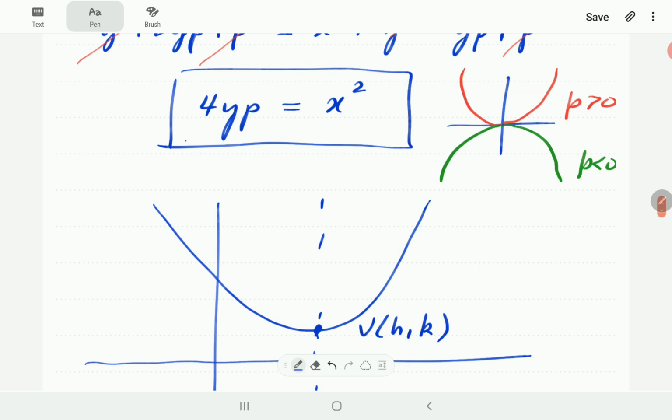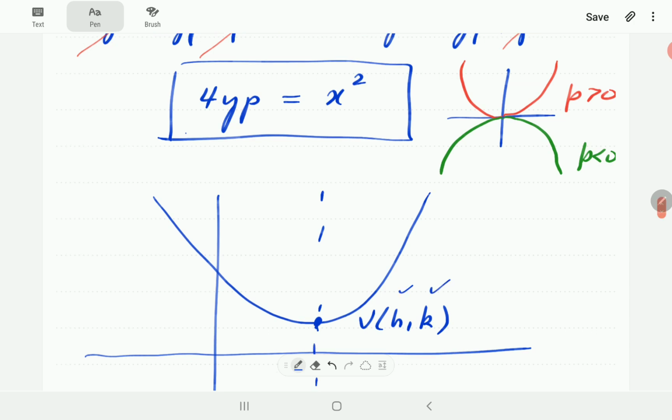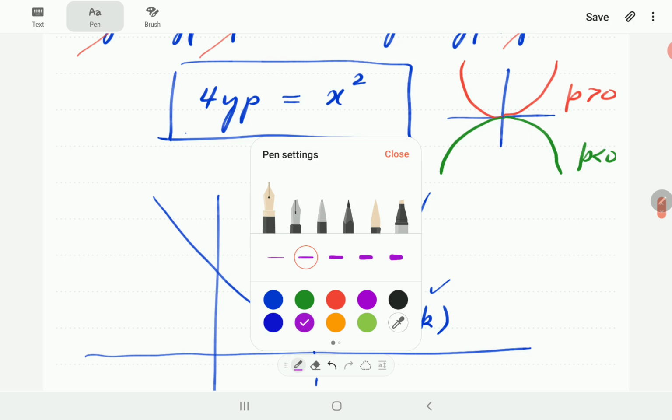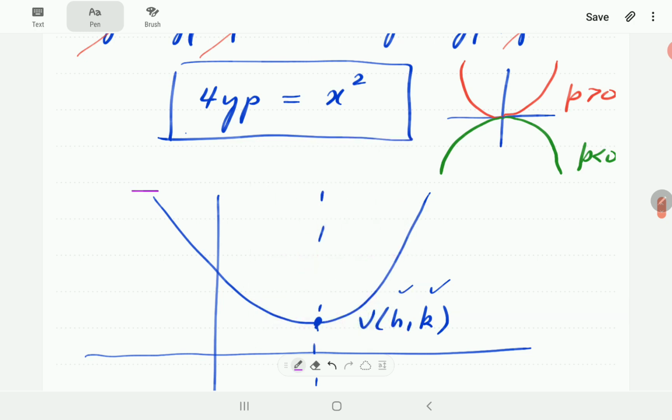Then the y here is going to be replaced by y minus k, which is this coordinate here, and the x is going to be replaced by x minus h. So for this case, the equation is simply 4p(y minus k) equals (x minus h) squared.